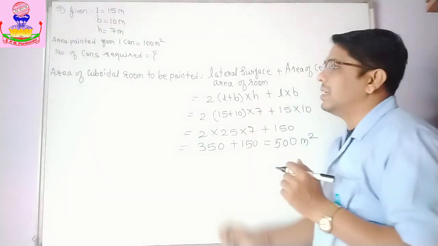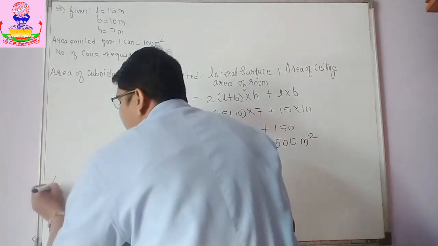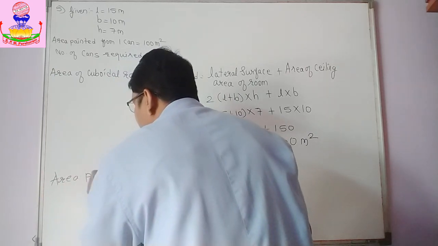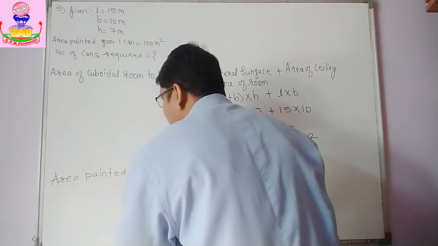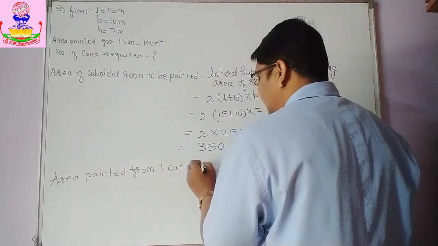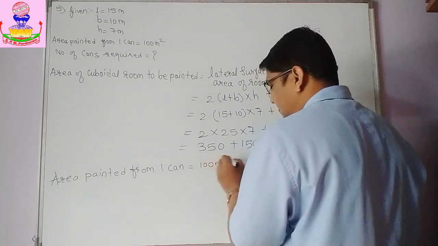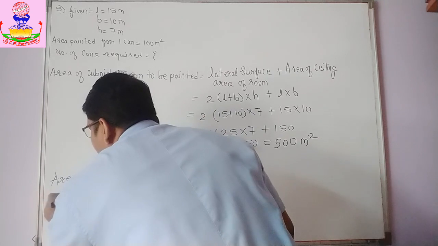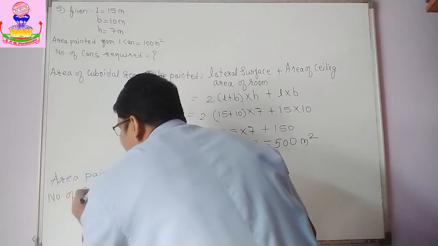So we got that. Now what is given? Area painted from one can is given. How much is it? Yes, 100 meters square. So from that I can find out the number of cans required.